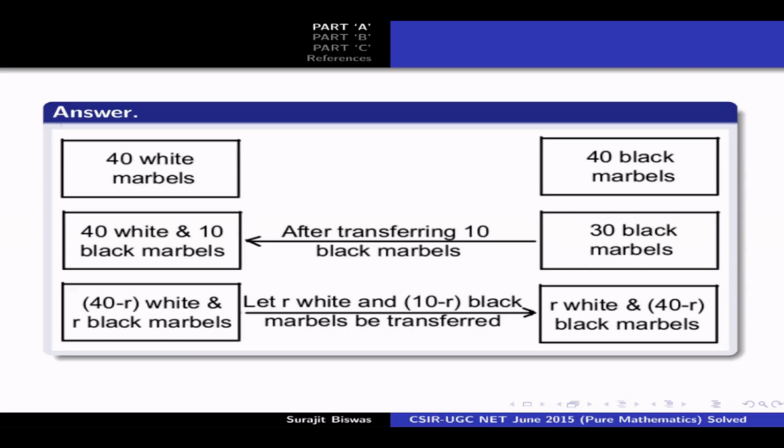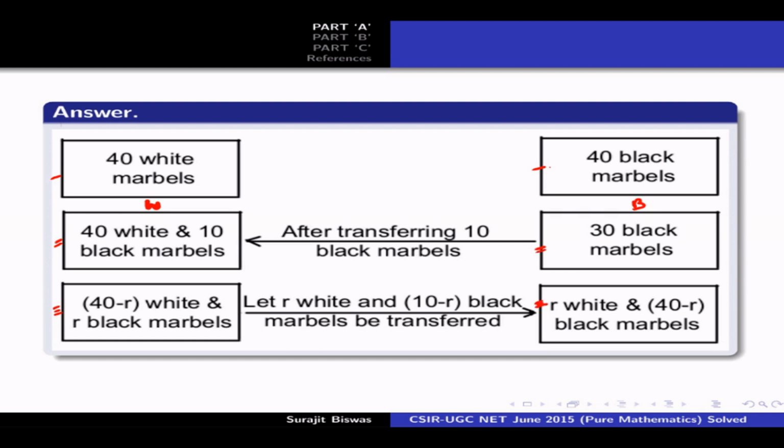So let's say these boxes represent the white boxes in each step. This is first step, this is second step, and this is third step. Similarly, this represents the black boxes, and this is first, this is second, and this is third.